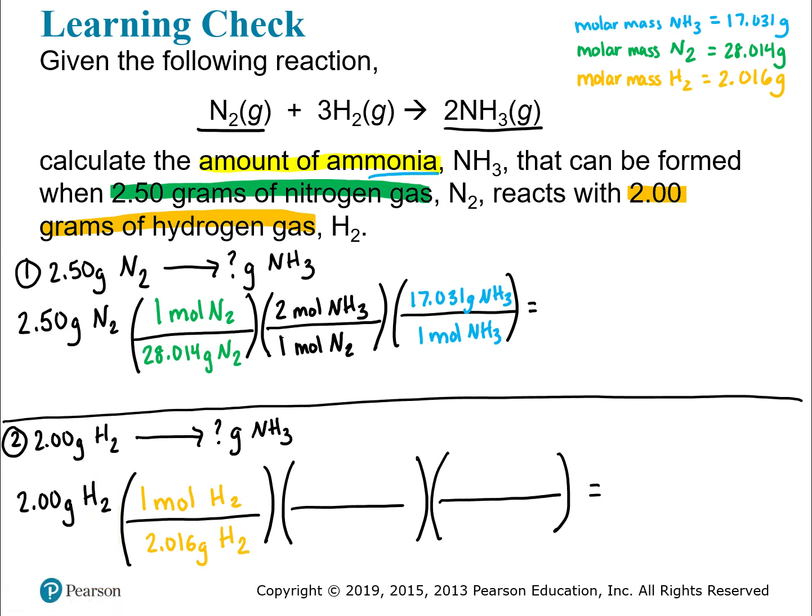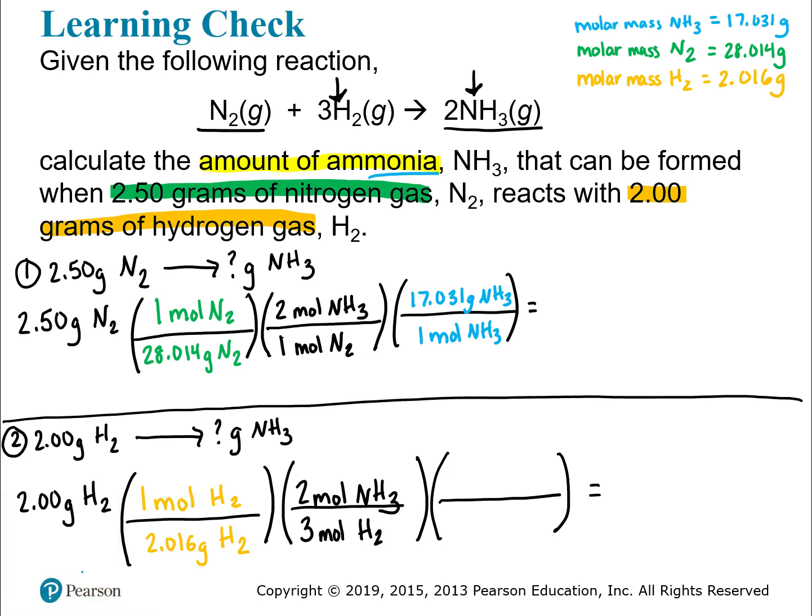Then comes the mole-mole factor. We're still interested in making ammonia, so we look again at our chemical equation. 2 moles of ammonia. But this time, we're doing hydrogen. We're figuring out how much hydrogen we're converting to ammonia. So we look at the chemical equation for hydrogen, and there's 3 moles there. That's our mole-mole ratio.